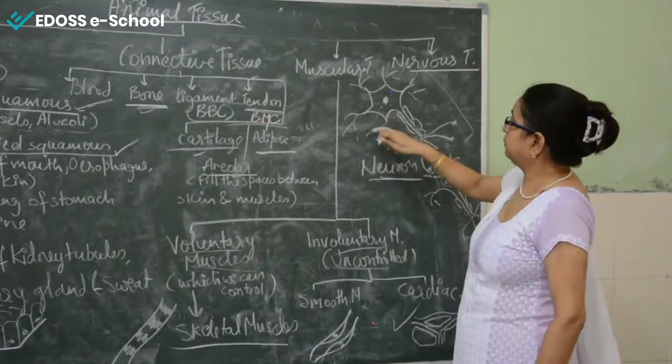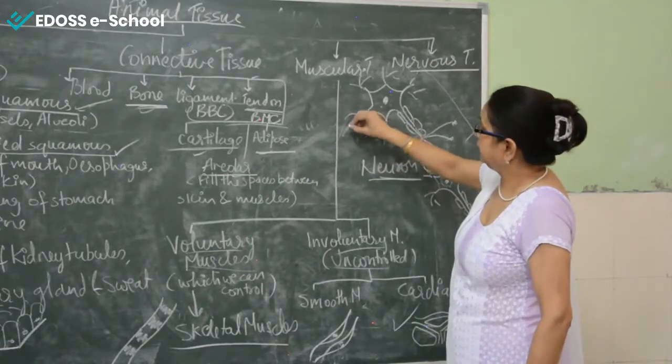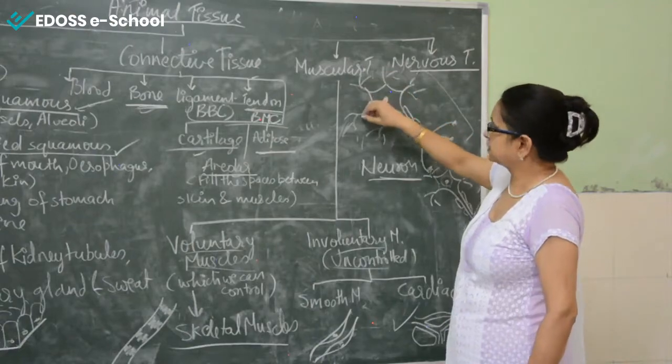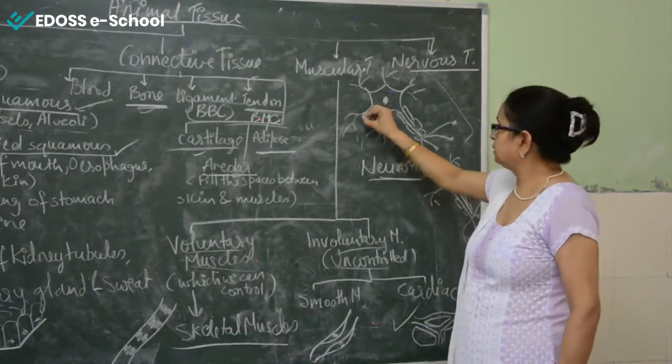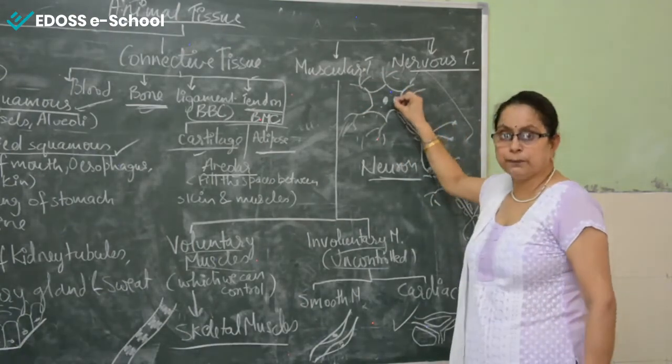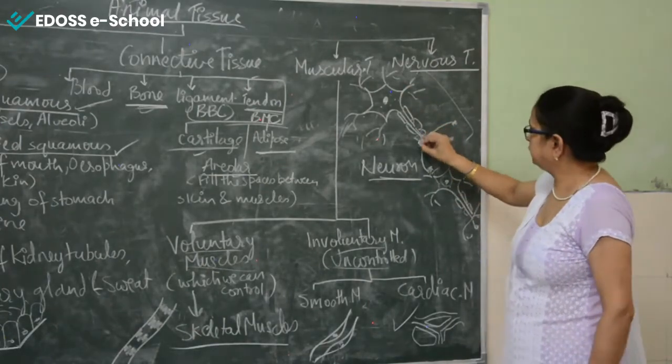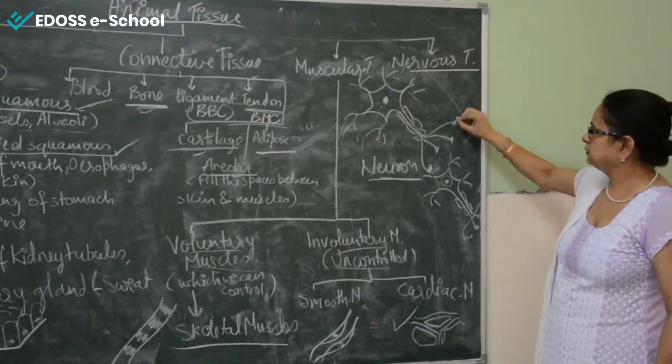This electric impulse is received and carried through these dendrites. The dendrites catch this electric impulse, then it reaches the cellular part, from the cellular part to the axon, and finally reaches the nerve endings.